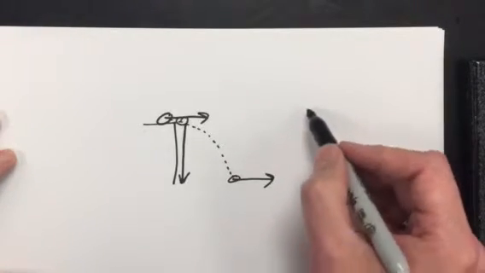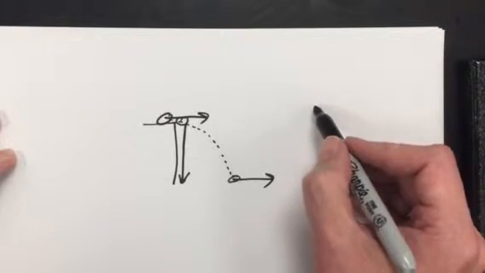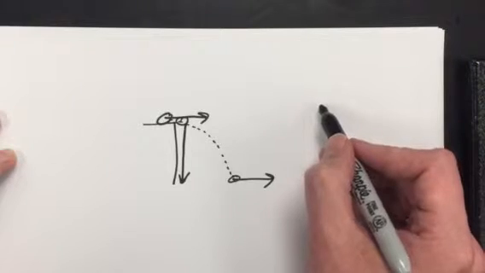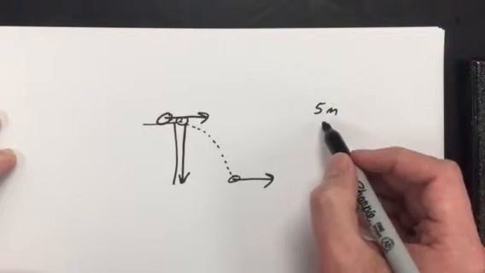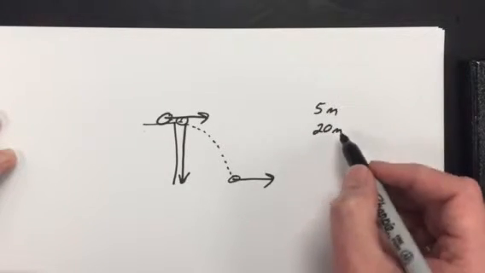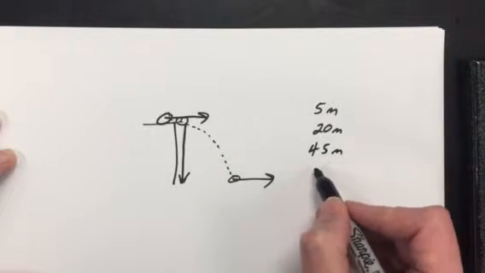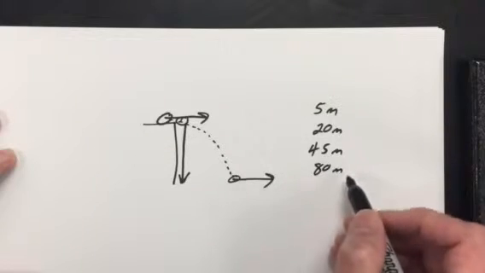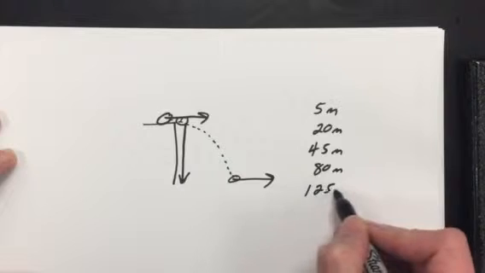But if an object is just dropped, after 1 second, it has traveled 5 meters. Okay. After 2 seconds, it's traveled 20 meters. And after 3 seconds, 45. And after 4 seconds, it's traveled 80 meters. And then 5 seconds, it's traveled 125.